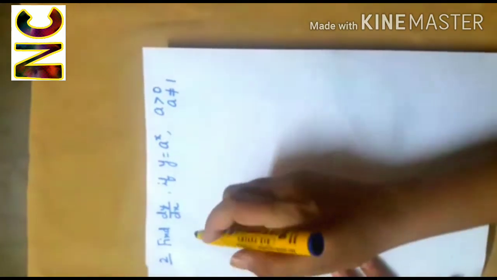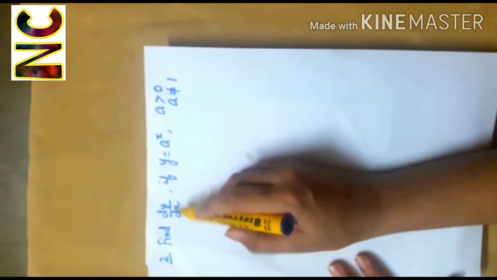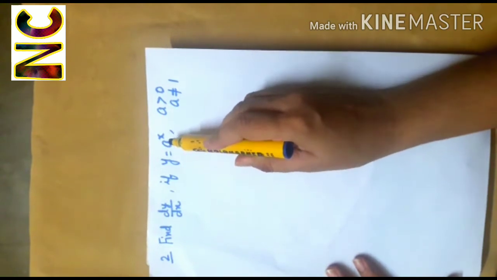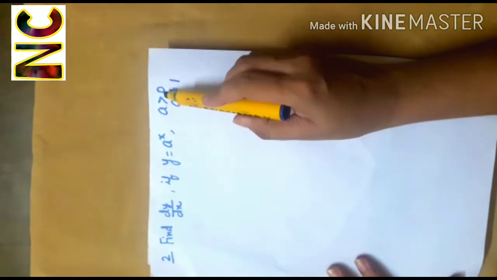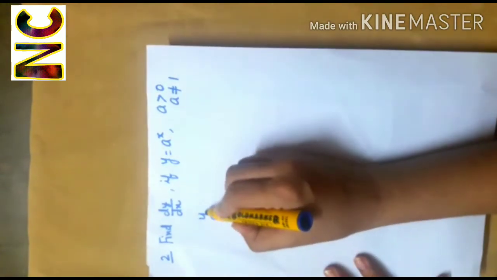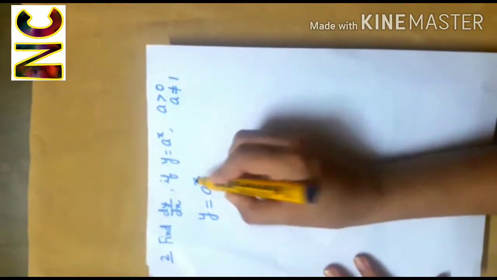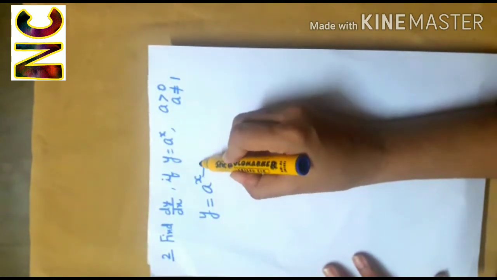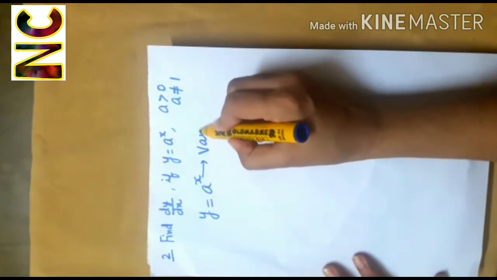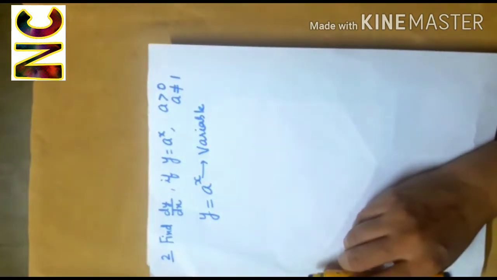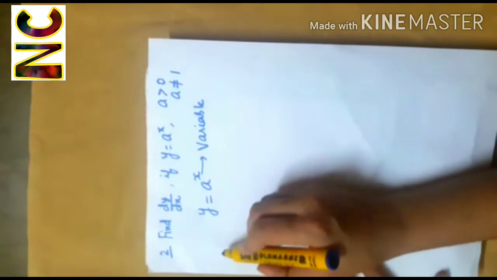Let's take another question. Find dy by dx if y is equal to a raised to the power x, where a is greater than 0 and not equal to 1. Here note that the power is a variable. So we will make use of logarithmic differentiation.